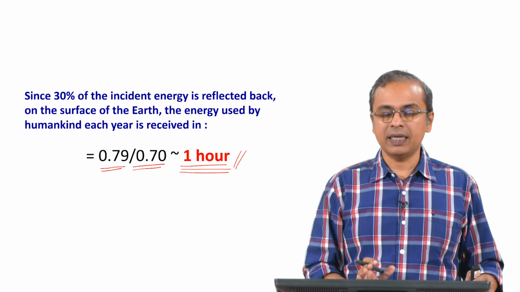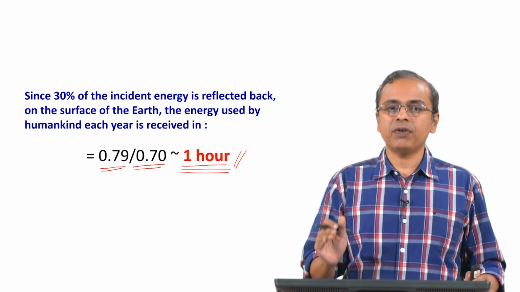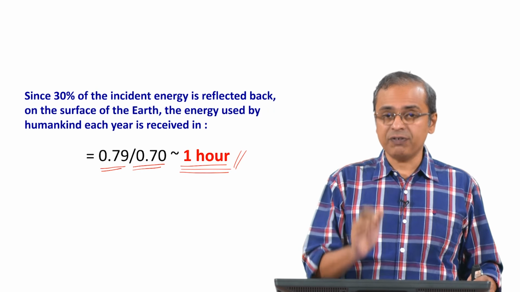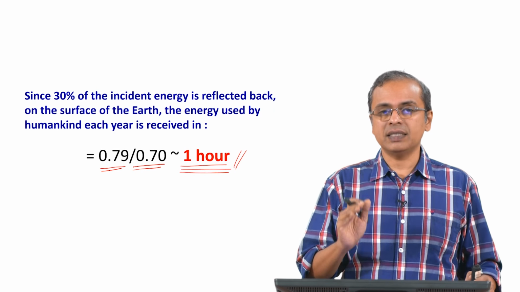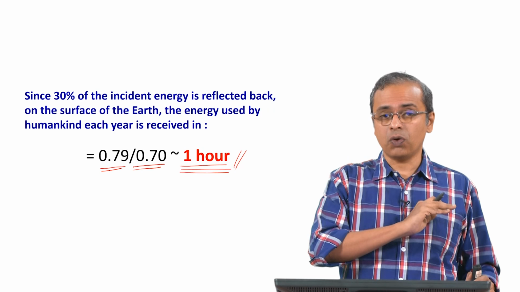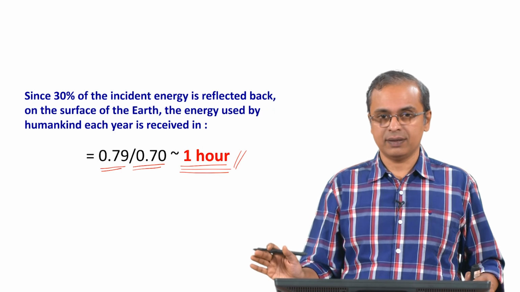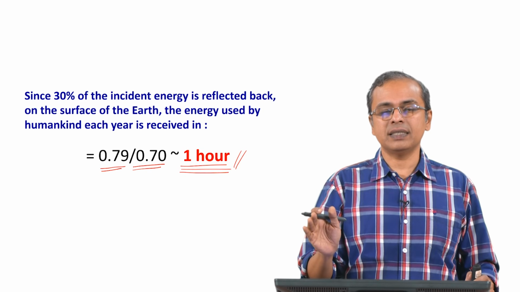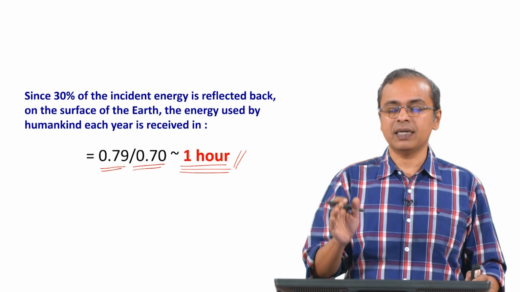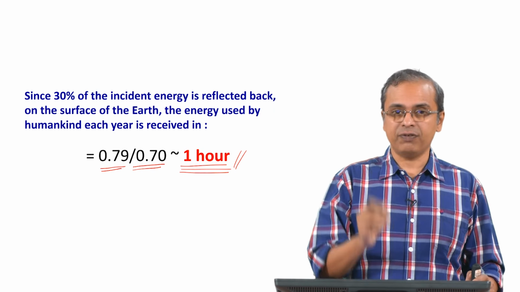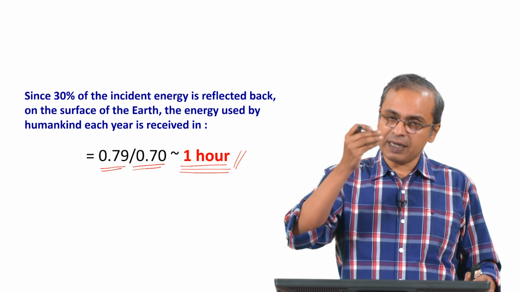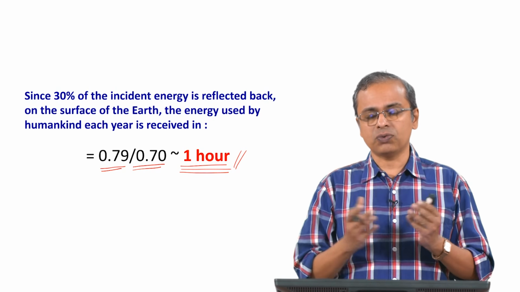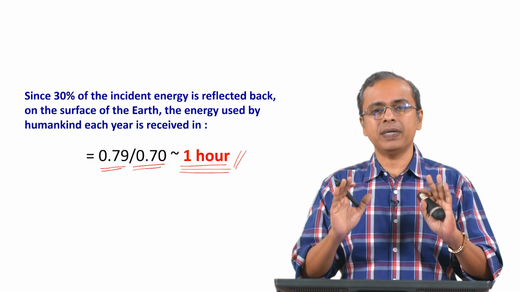Because as you can see, even with today's level of energy usage, every hour we are receiving energy from the sun equal to what we require in the entire year. So, you can imagine, even if we are inefficiently tapping this energy, we have so much room for error, and still we will be completely satisfied.